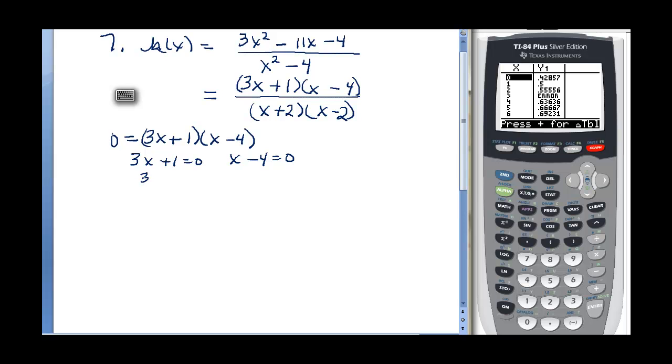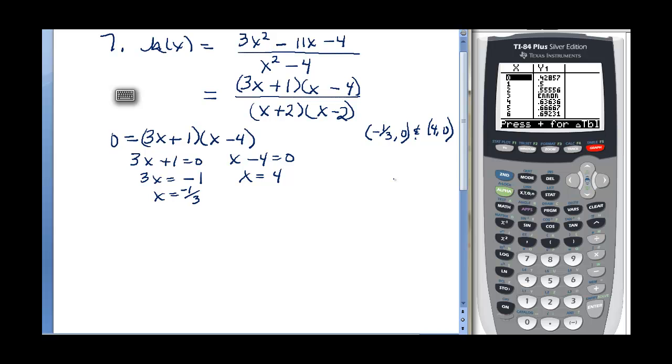Here 3x is going to be equal to -1, so x is equal to -1/3. And here x is equal to 4. My x-intercepts are going to be (-1/3, 0) and (4, 0).